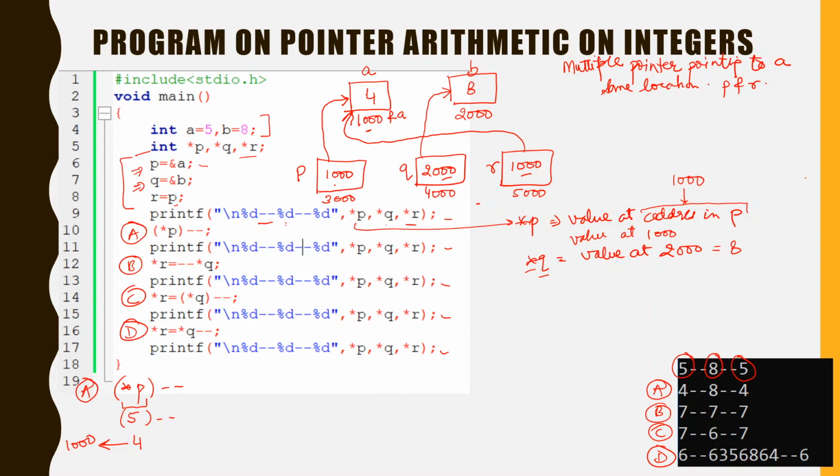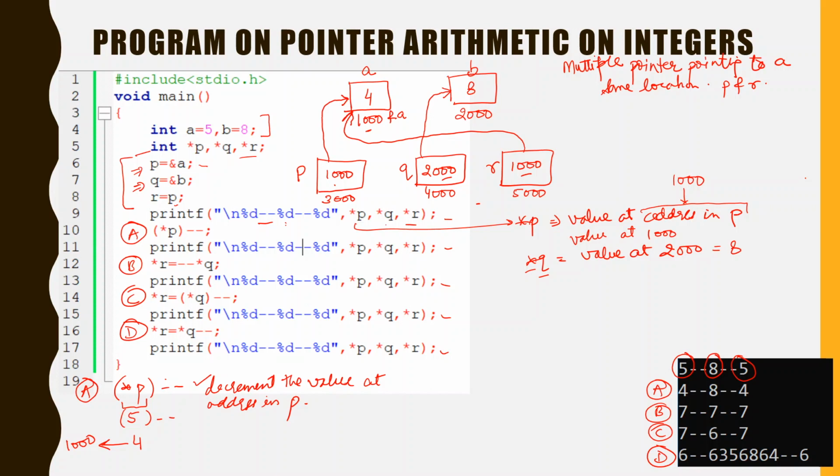So the value at the location was 5, and you have to decrement it by this particular syntax. You have to decrement the value at address in P. So this would be read like that, and this 5 will be decremented as 4.